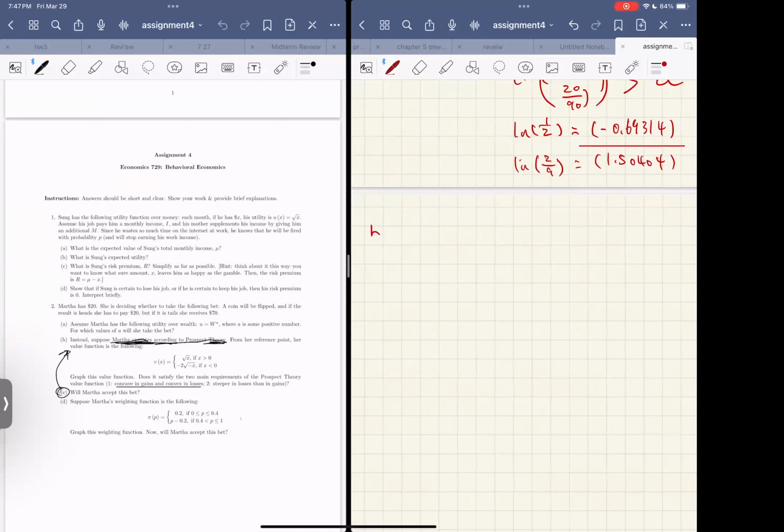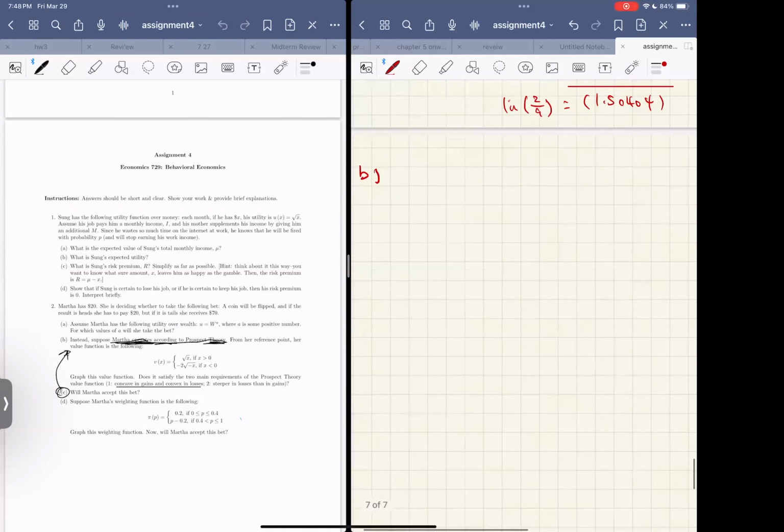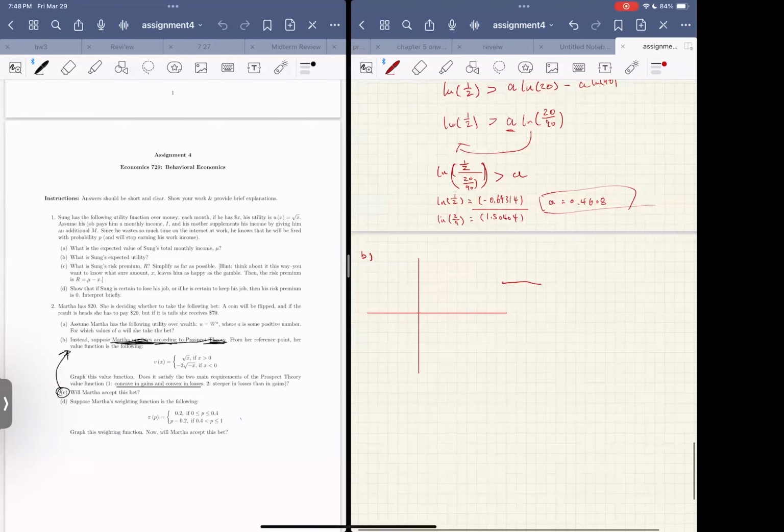Okay, so we have A. Let's do B. Martha operates according to prospect theory. Okay, prospect theory, easy. We just put a cross and put a table right next to it. This is X greater than 0, and this is X less than 0.